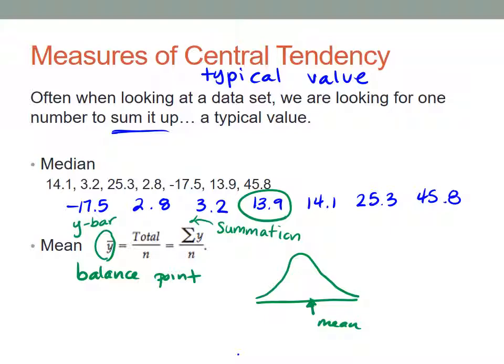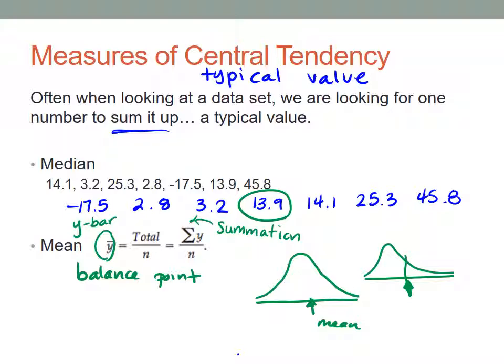The mean is where, weight-wise, this thing would balance on your finger. Depending on whether it's skewed, your balance point is going to move to where it will actually rest on your finger.